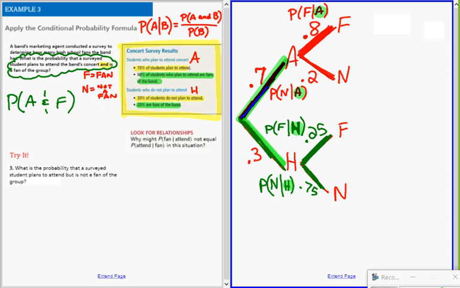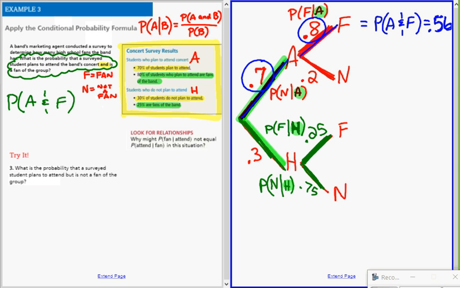If you are attending and you're a fan of the band, you're going to multiply the two numbers along the way to get the probability of attending and a fan. That's going to be 0.56, because 0.8 times 0.7 is 0.56. So 56% of the students who were surveyed, right? 56% of them are both attending and fans. Okay?